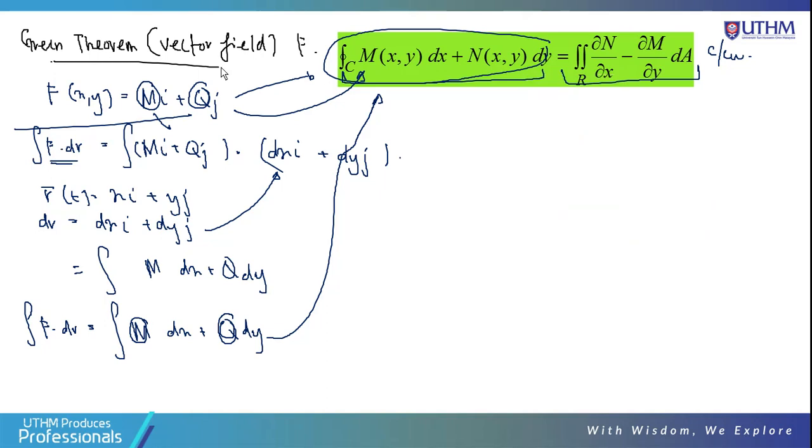How? You just bring the m here with respect to dx and q, all the component q with respect to dy. So when you have got this form, then you can use the Green theorem to solve for the line integral of the vector field.